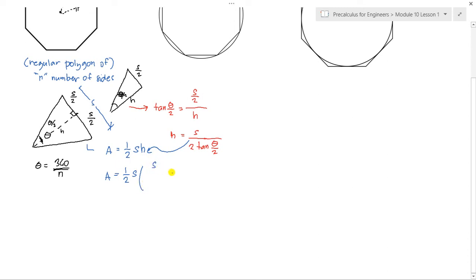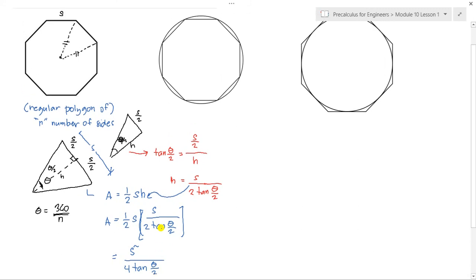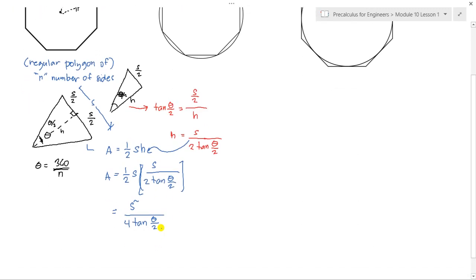So we have s divided by 2 tangent of theta all over 2. Okay, so kanang simplifying, so this would become s squared all over 4 tangent of theta all over 2. That is only the area for a single portion of this regular kanang polygon.